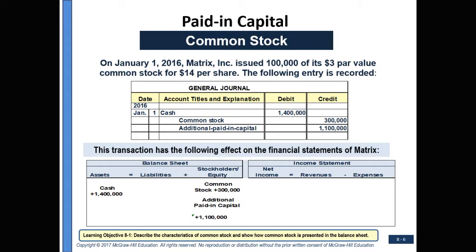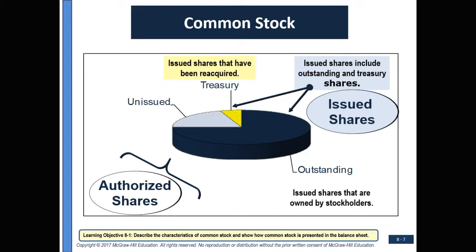So let's look a little bit more at common stock. When we go and create our charter, we have a set total number of shares of stock that we have been authorized. Amongst all of the authorized shares, we will have some that have been issued, meaning that they have been sold, they have gone out to the stockholders.